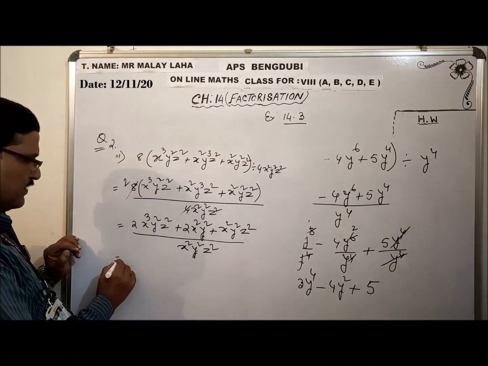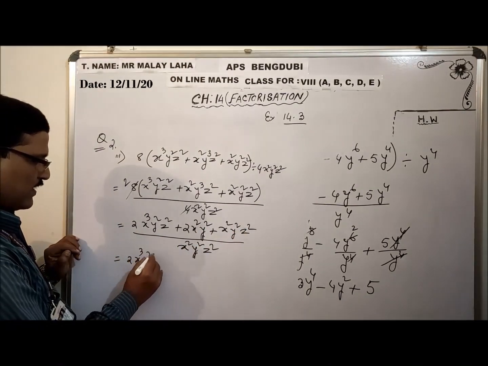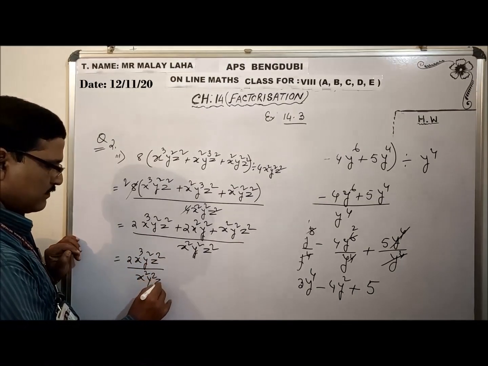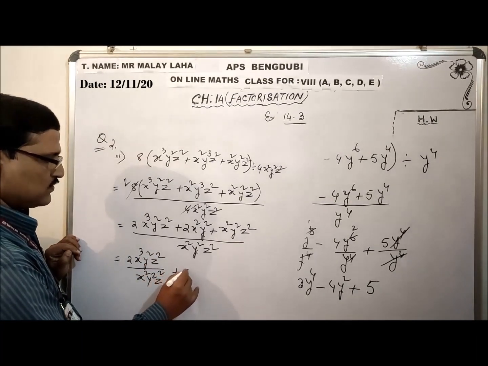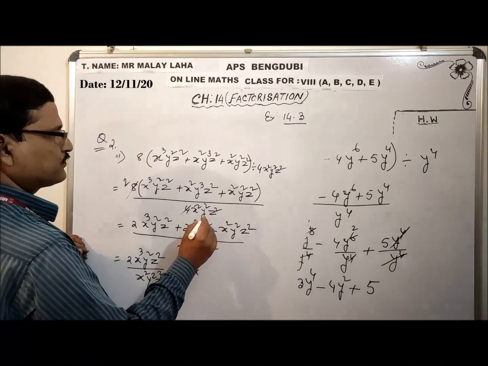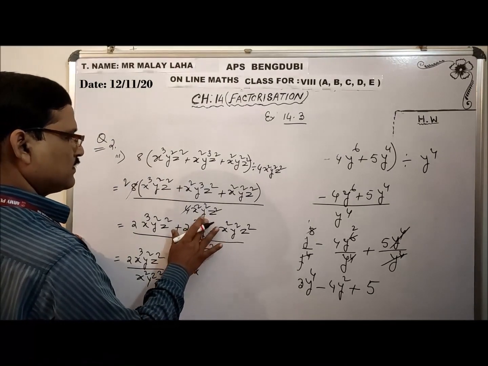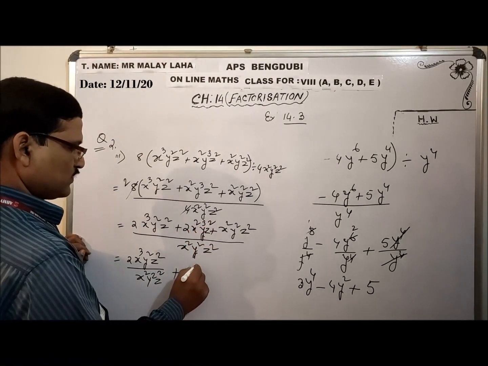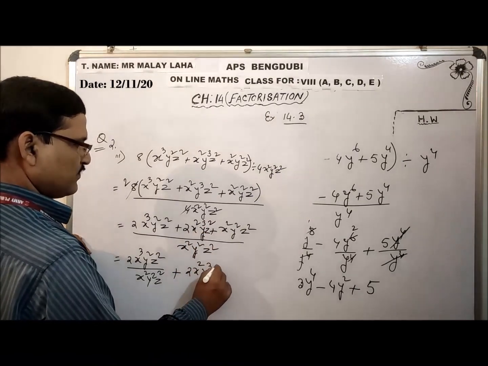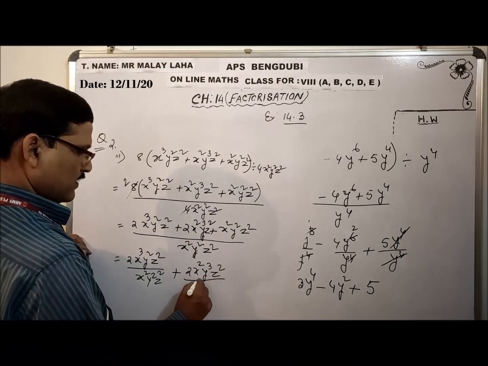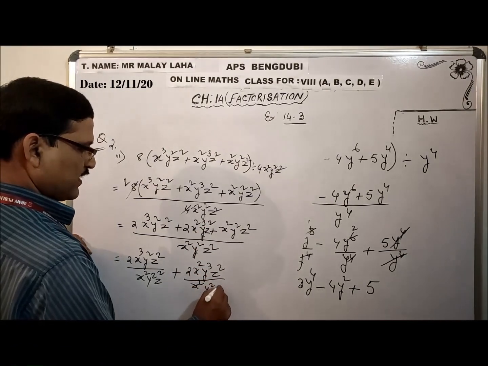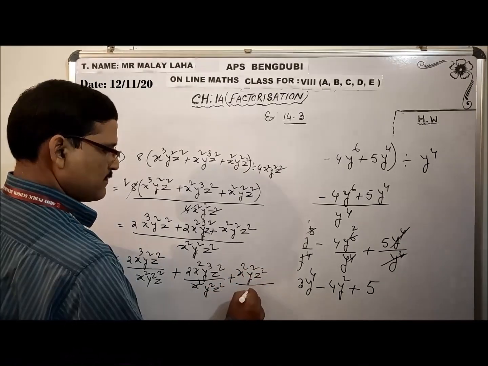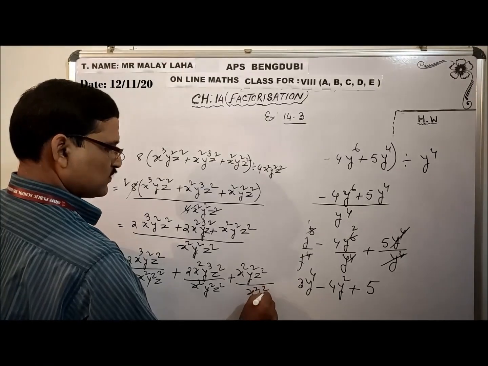Now split: 2x cube y square z square by x square y square z square plus 2x square, sorry, here I have made a mistake, y cube z square, 2x square y cube z square by x square y square z square plus x square y square z square by x square y square z square.